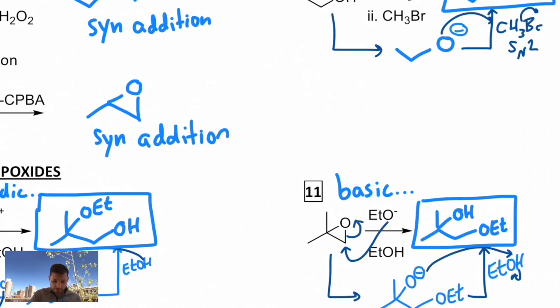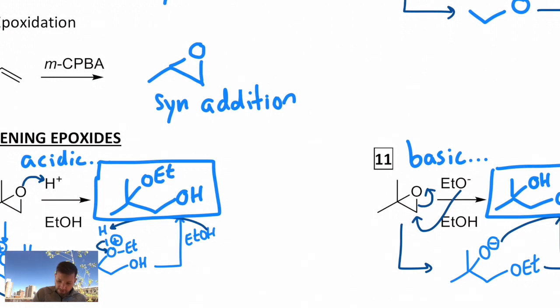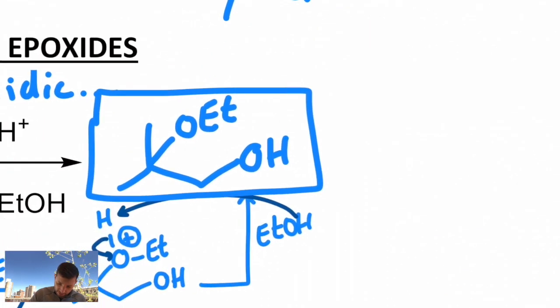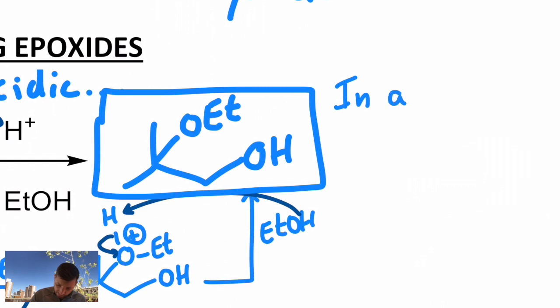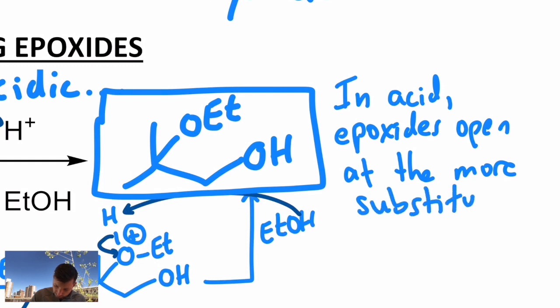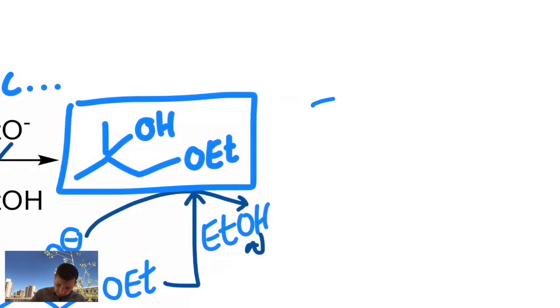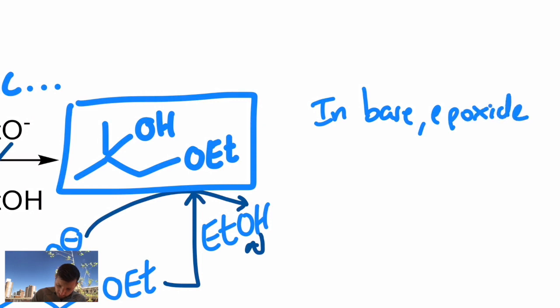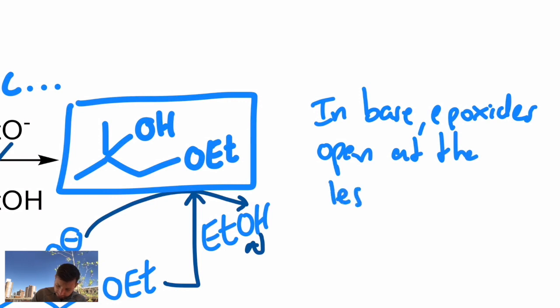So to summarize, just those two reactions, and those are really the only new ones: in acid, epoxides open at the more substituted side. However, in base, epoxides open at the less substituted side.